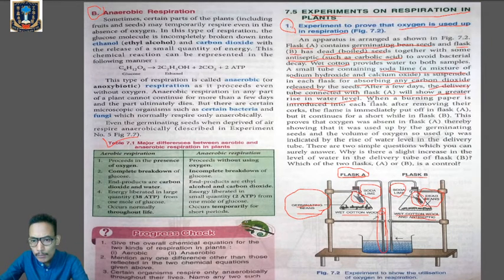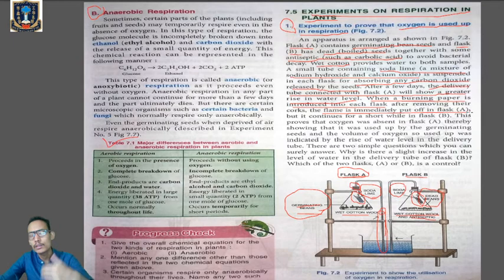Now when a burning paper is introduced into each flask, after removing the cork, this one is the cork, okay. So when we remove the cork and introduce the burning paper in both the flasks, in flask A and in flask B, the burning paper in flask A will be immediately put off.